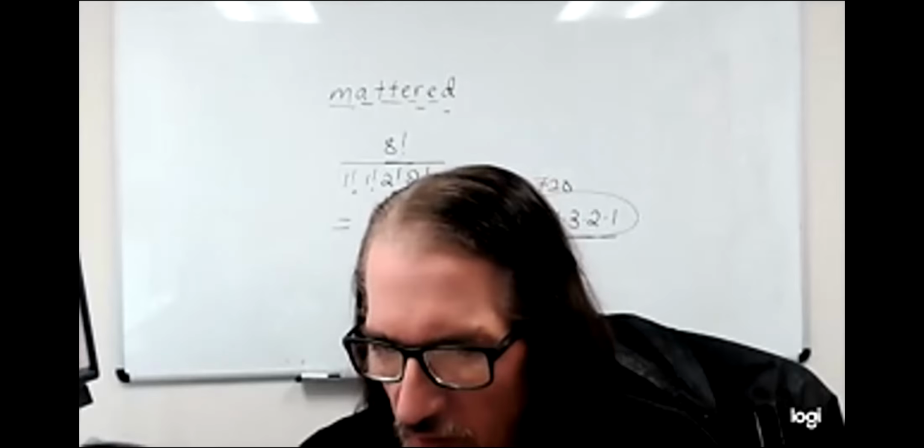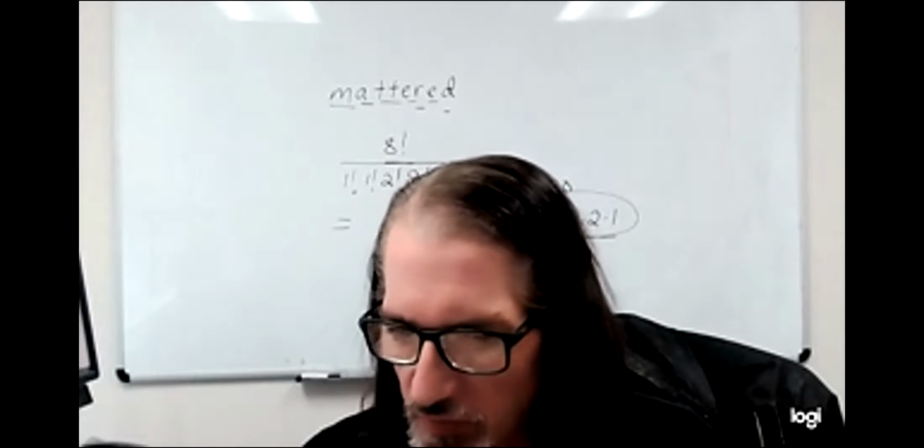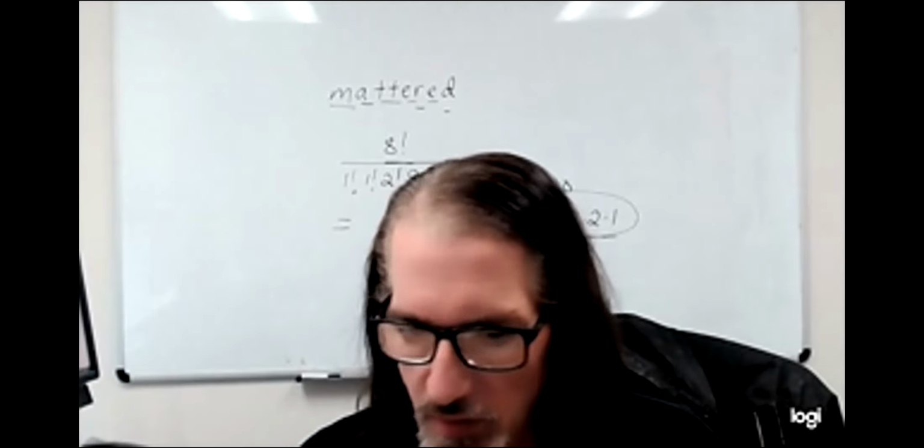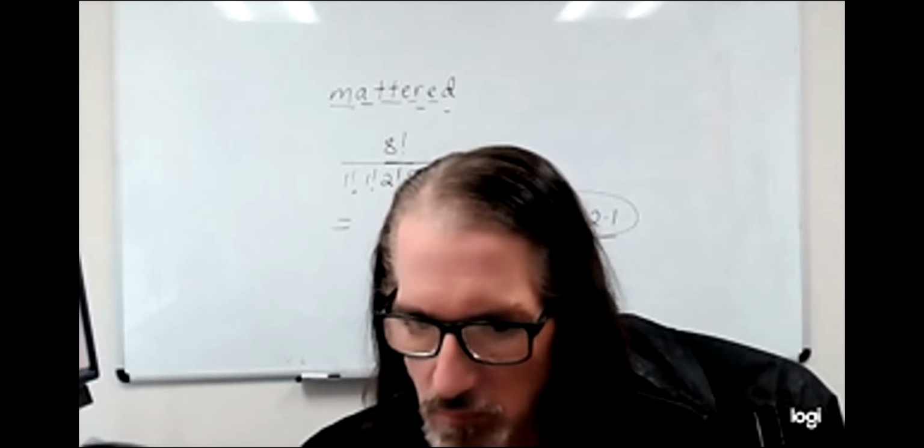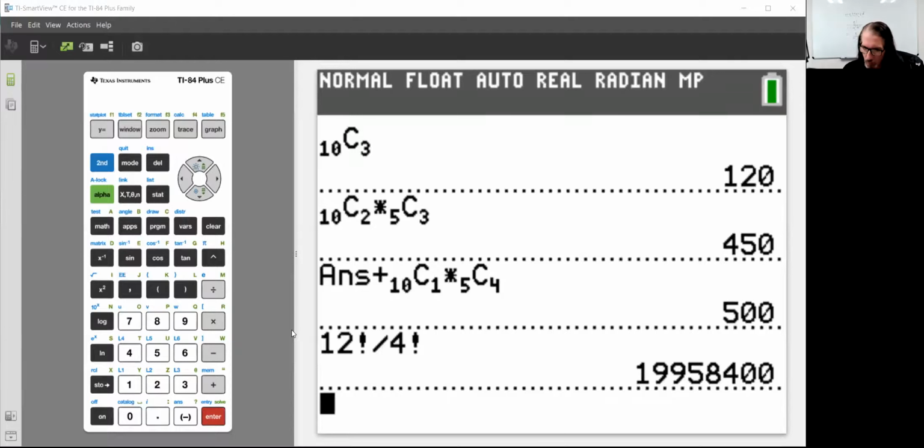Again, we're not going to really need to worry about putting in the 1 factorials there. So let's see here. Eight factorial. This time we're dividing by 2 factorial and another 2 factorial. We should put in some parentheses here. Not the curly braces, but parentheses.